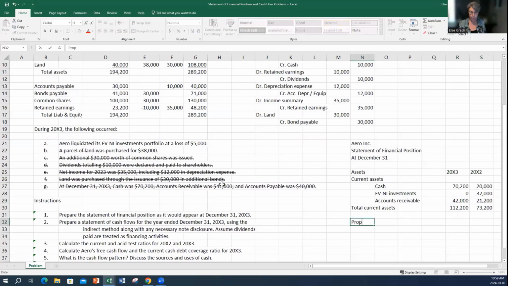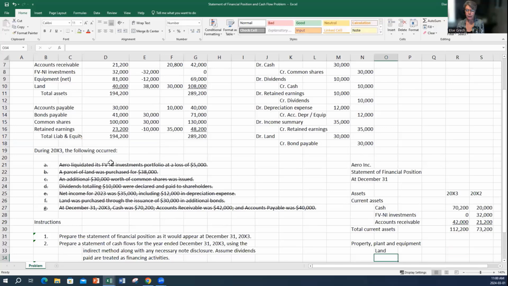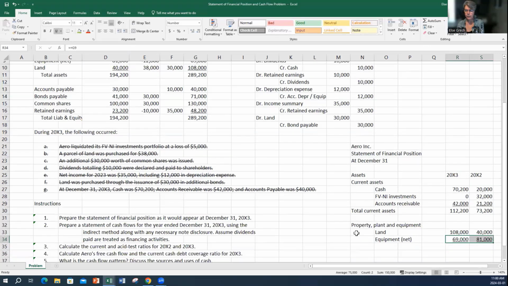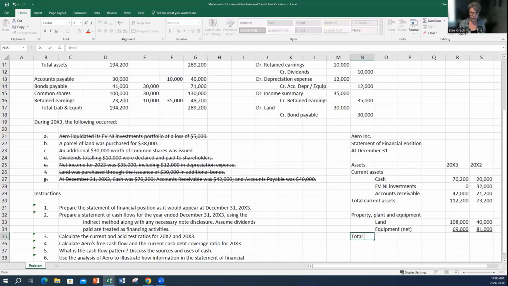I also have property, plant, and equipment. And that will start with my land. And then I'll do my equipment net. And so over here, I've got the land and the equipment net, and the land and the equipment net. Adding both of those together, this will give me total property, plant, and equipment.